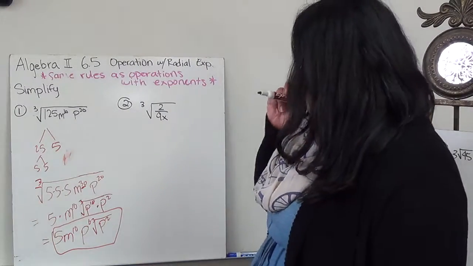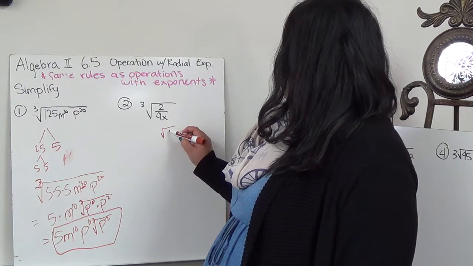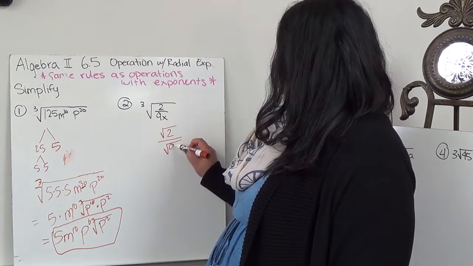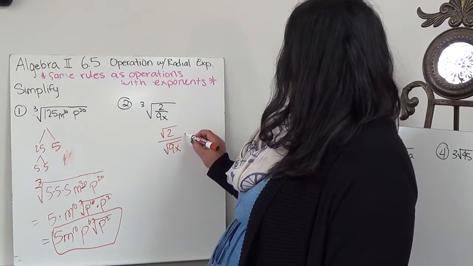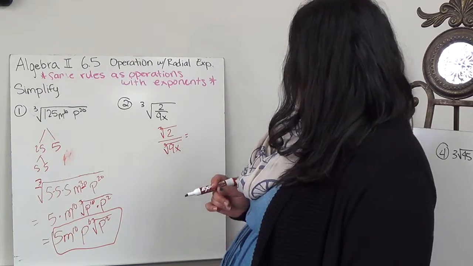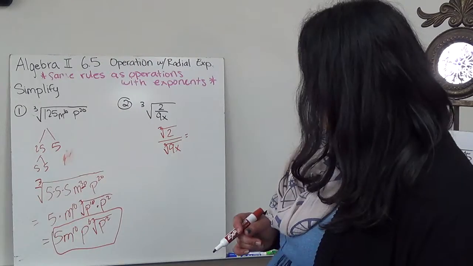This one would be the same. I would do root 2 over root 9x, so I'd separate the square root. Oh, this is cubed root. So in this case, I can't take anything.